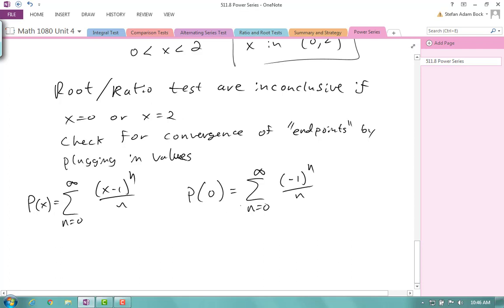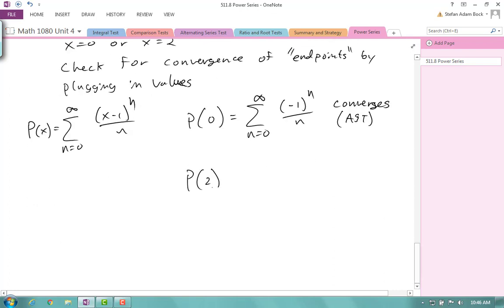But that's the alternating harmonic series. I know that that diverges because I've done my homework. I said diverges, but I meant to say converges. We could just say we use the alternating series test for that.